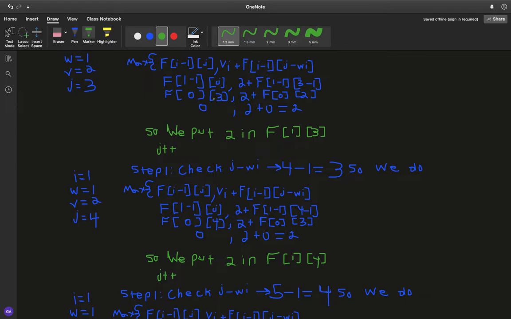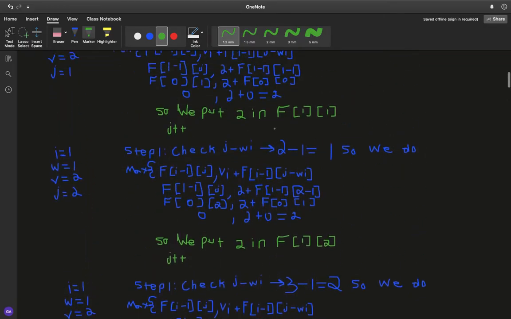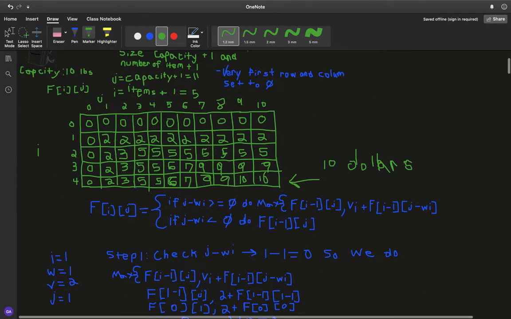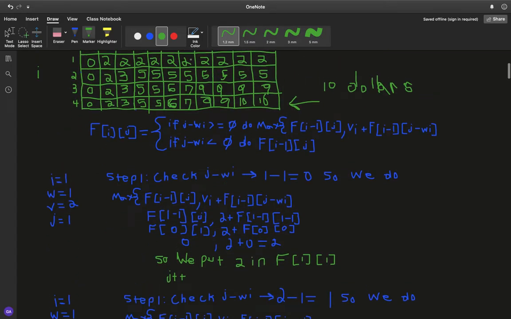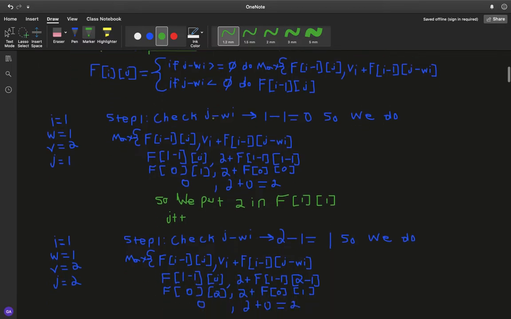Since j is the only thing changing, it'll just go all the way until j hits 10. That's why, as you can see here in the first row, the 2's don't change, because it'll always be 2 plus 0. Since we're just working with that first row, we keep getting 2 plus 0 the whole time. So that's why it's 2 all the way across that first row of I.